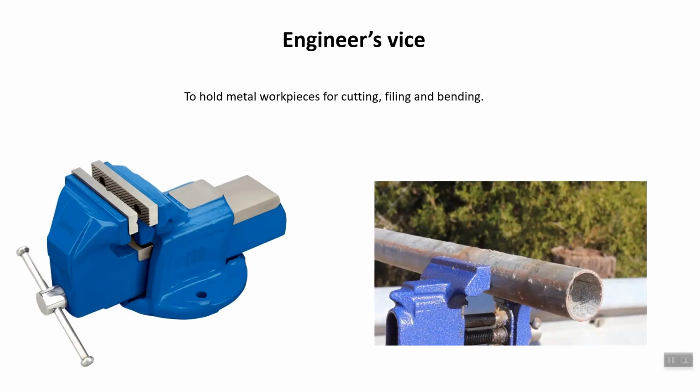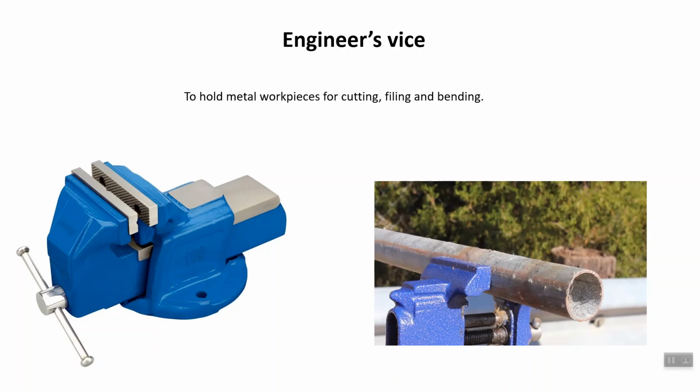For metal, we have a similar tool, which is called an engineer's vise, to hold metal workpieces for cutting, filing, and bending. So this is an engineer's vise. This holding tool is for metals and hard plastics.